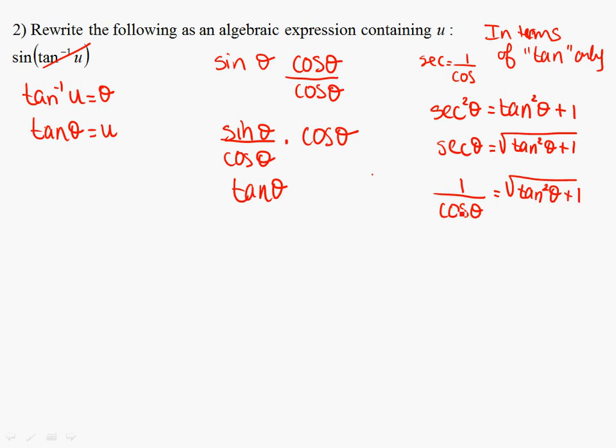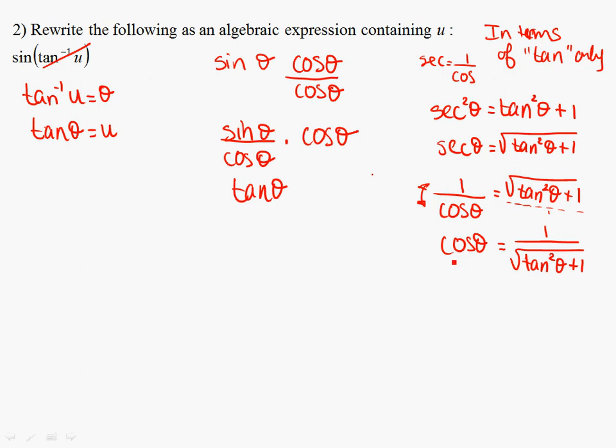So if I flip this upside down, I will just get a cosine of theta over 1, which is just cosine, right? So the cosine of theta is the same thing as 1 over the square root of that mess. Are we okay on that?